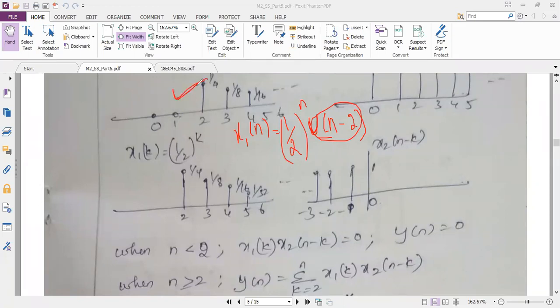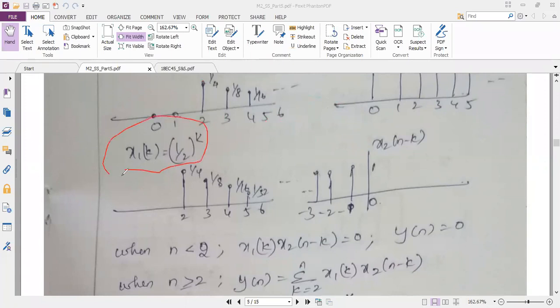So now we have drawn in the earlier diagram for x1 of n. But as per the formula of y of n, I should have x1 of k with x2 of n minus k. So for that purpose, I have to draw x1 of k. That means I have to replace n with k. So it is x1 of k equal to 1 by 2 power k. The diagram remains the same. Only the variable we are changing for x1.